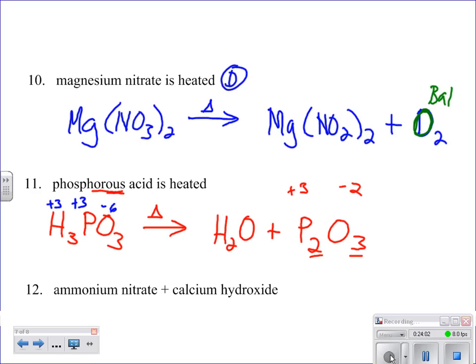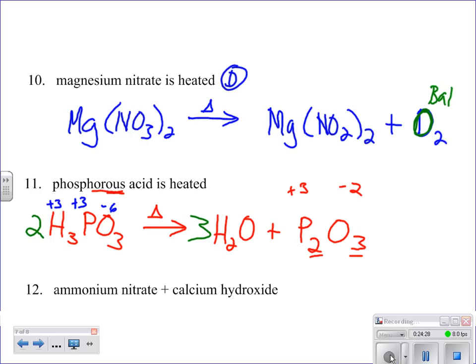Diphosphorus trioxide in this case. And it does not balance. We're going to have to go through some extra steps. So I'm going to start by putting a 2 here and a 3 here, because what caught my eye was the hydrogens being 2 and 3. And now I have a total of 6 oxygens and 2 phosphorus, so everything's good on that.